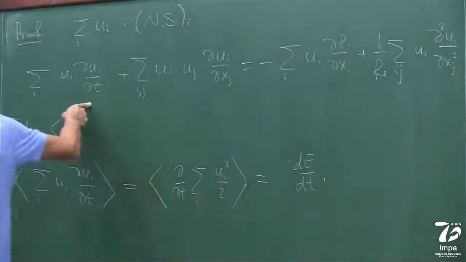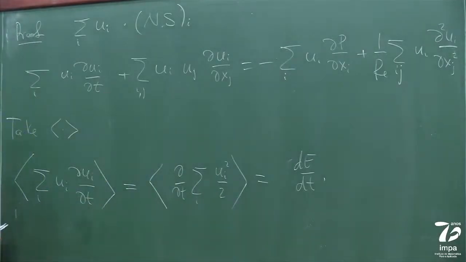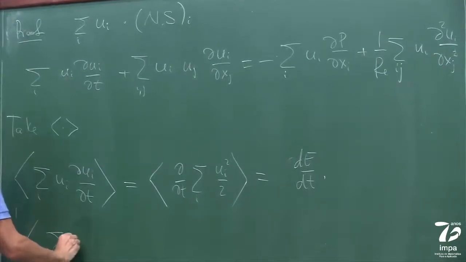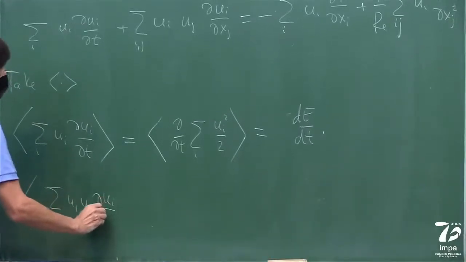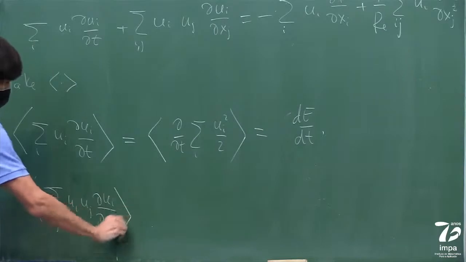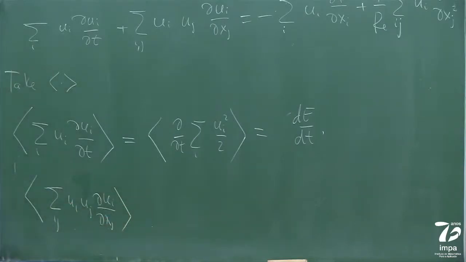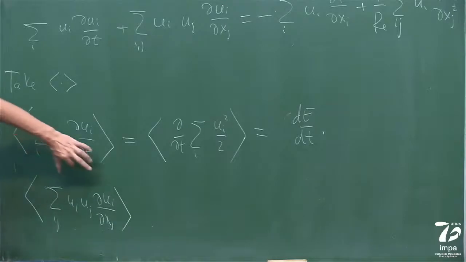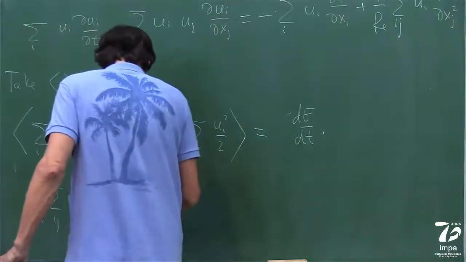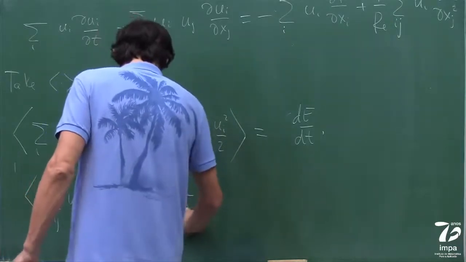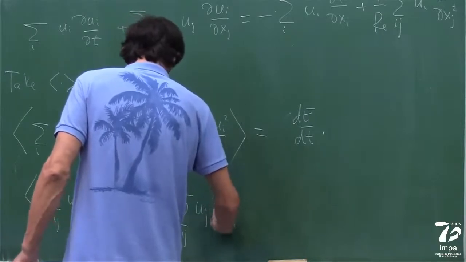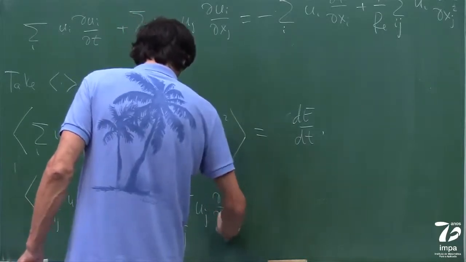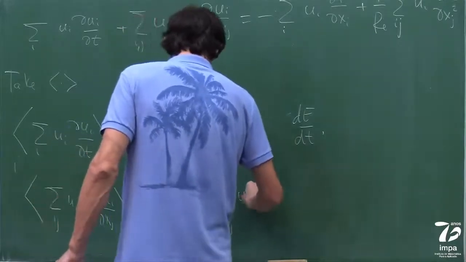So this will be the first term. The second term: what you do is, again, you combine Ui together. So it will be Uj d/dxj of Ui squared over 2.